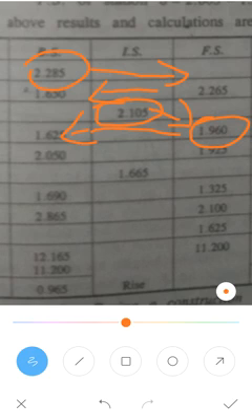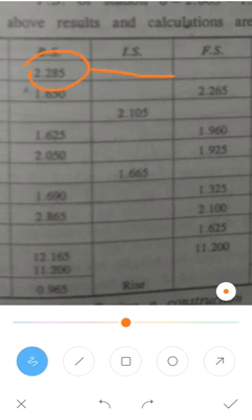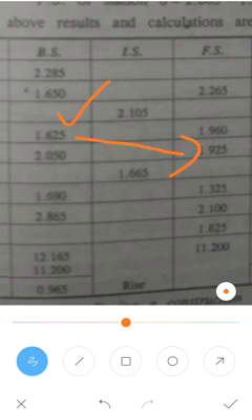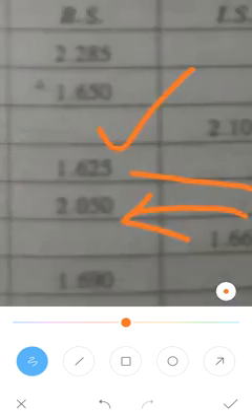After getting this backsight, then immediately they have moved to this point. Again backsight because of the change point. After getting this 2.050, then they have taken the reading of this one.